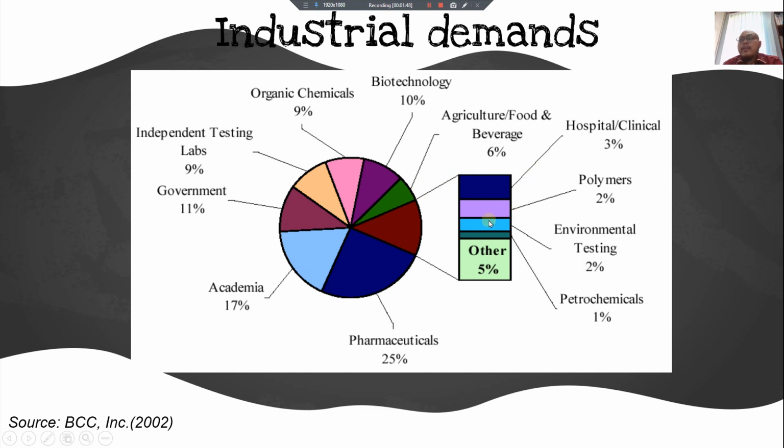If, for example, in your final year project, you can get your hands on gas chromatography, especially gas chromatography mass spectrometry, I believe that will become your good arsenal later on during your employment.